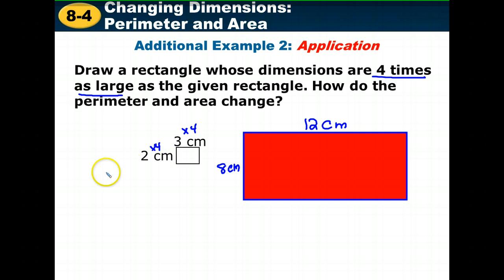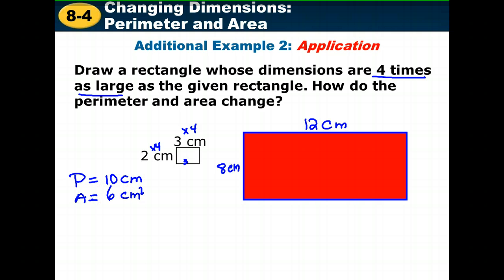So here we have to get the perimeter of both of them. The perimeter of the small one will be 3 plus 3, which is 6, plus 4, which is 10. And the area of the small one will be 3 times 2, which is 6 square centimeters.